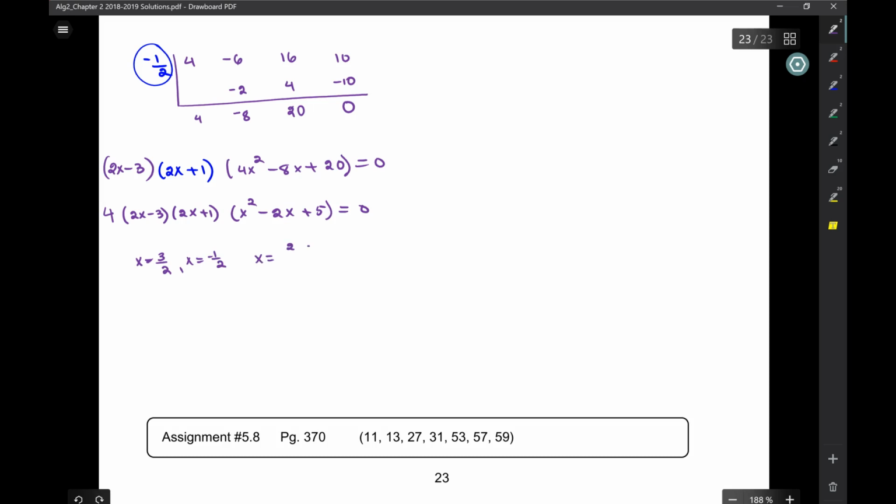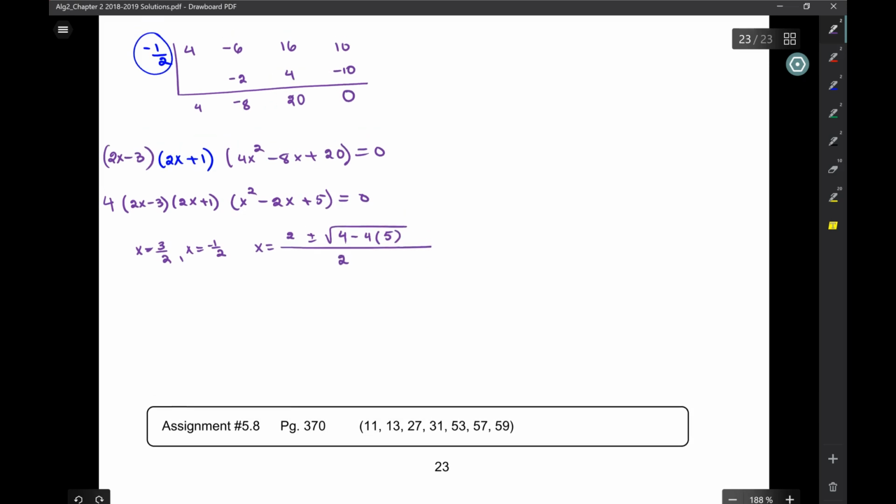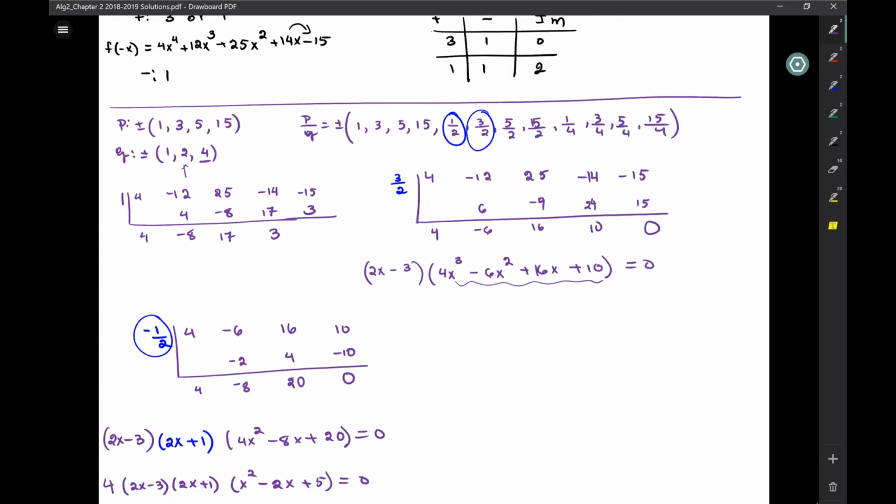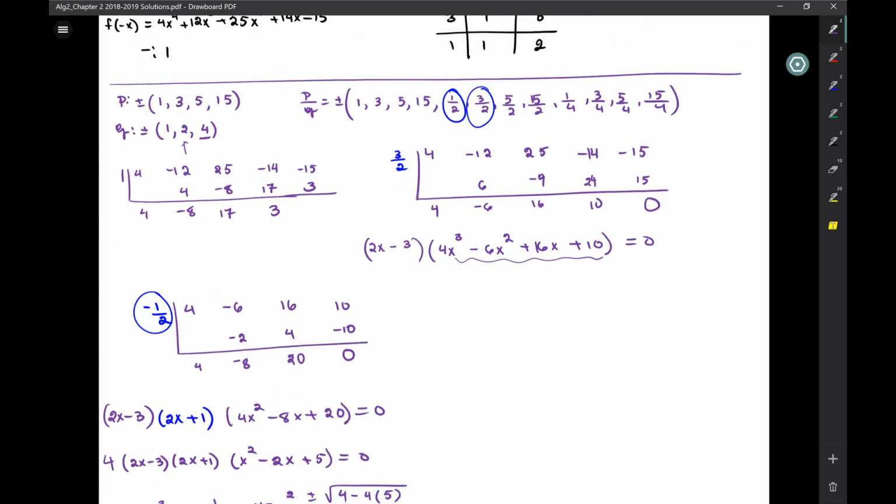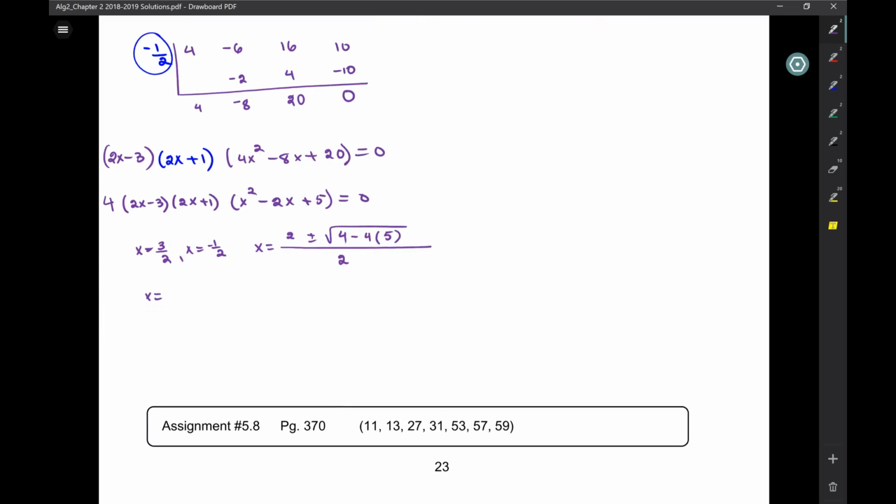X equals negative b plus or minus the square root of b squared minus 4 times a times c, all over 2a. Okay, so it could have been either, but just by looking at it, you know that you have an option of two imaginary. There's a chance that even though you have a positive and a negative, it's not that.